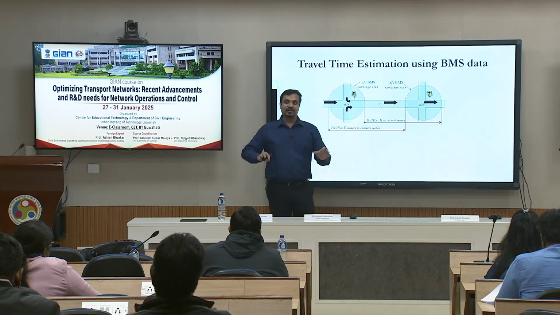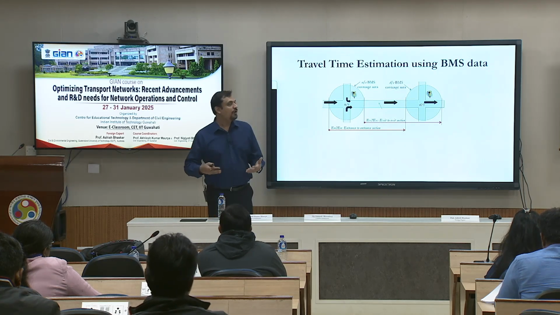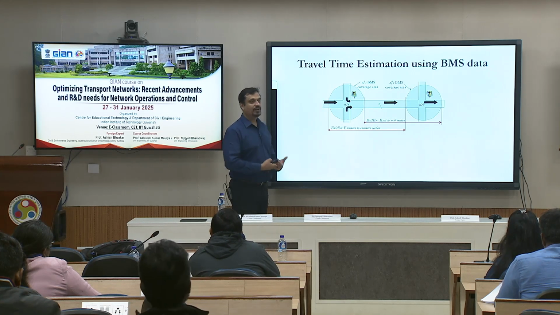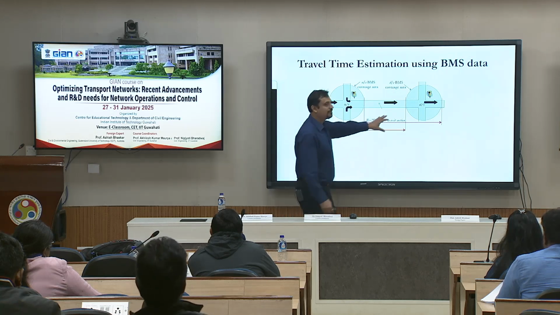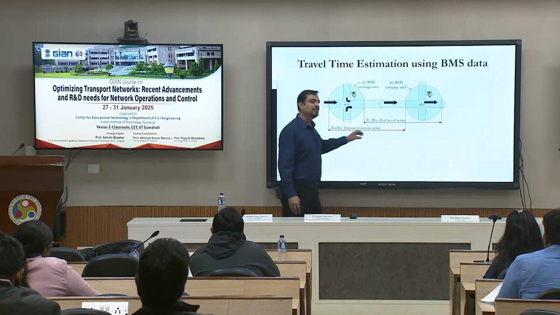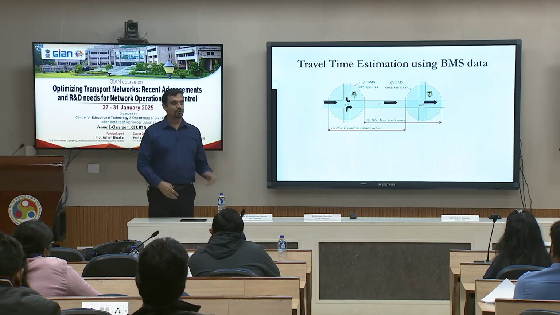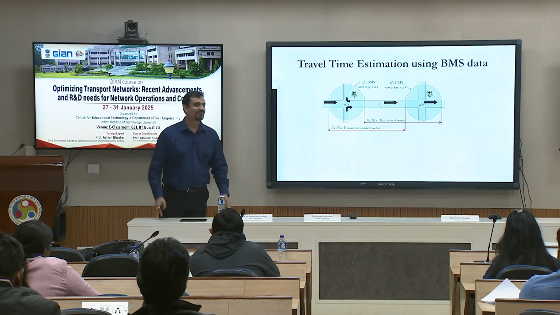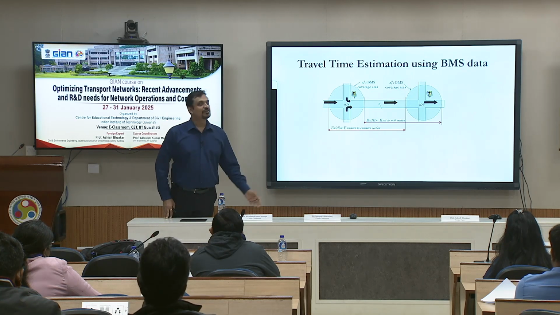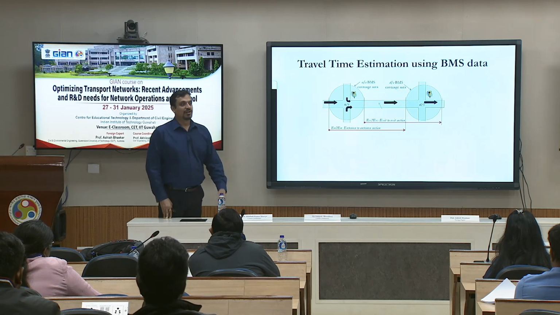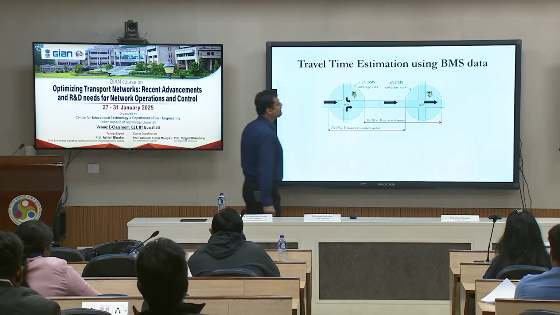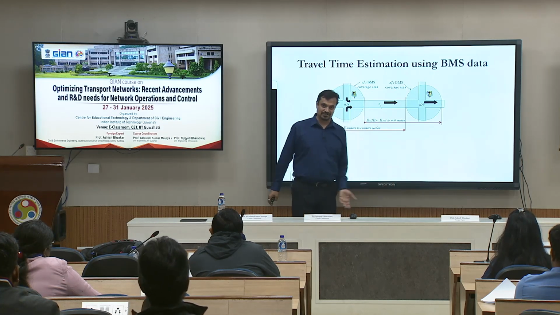So they are on the intersection. If you have to study the delay of the intersection, let's say the delay of the downstream intersection, which of these two travel times will you be looking at? Both of them, one of them, none of them? If one of them, which one? Let's say you are interested in studying how much delay is observed at the downstream intersection.